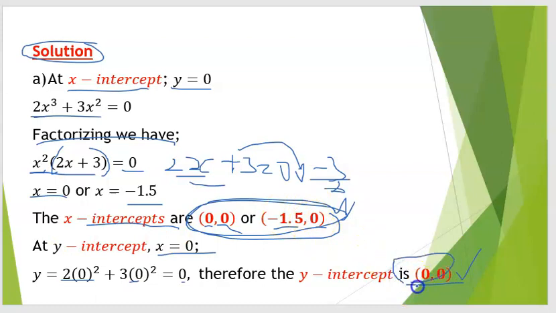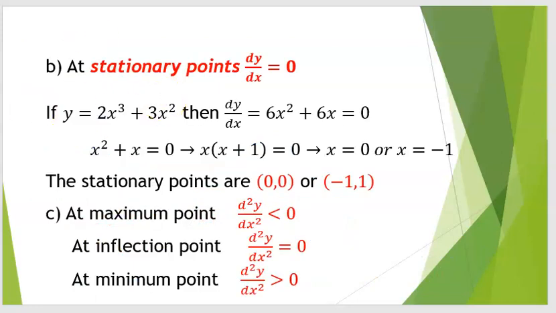Now, once we have these intercepts, we can move on to the second part, which is asking about the stationary points. We know that at a stationary point, dy over dx equals 0. In other words, the gradient function equals 0. So we need to differentiate the function y equals 2x cubed plus 3x squared.